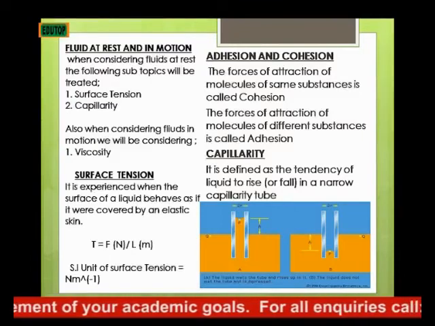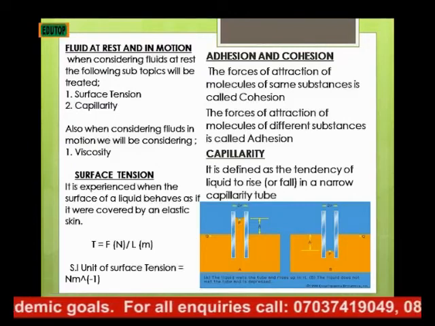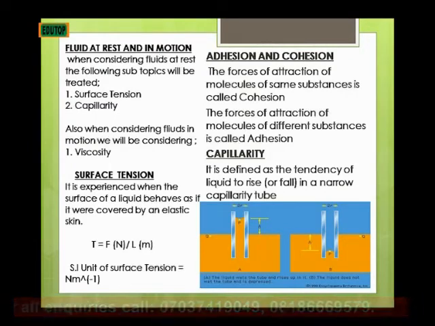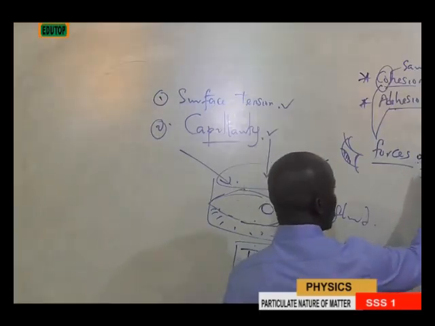And we said these two subtopics are being influenced by forces. So when you say forces of cohesion, your co here means same. Forces are just forces of attraction, attractiveness between substances of the same kind. Bringing together of substances of the same kind. So if I say forces of cohesion now, I'm talking about what?